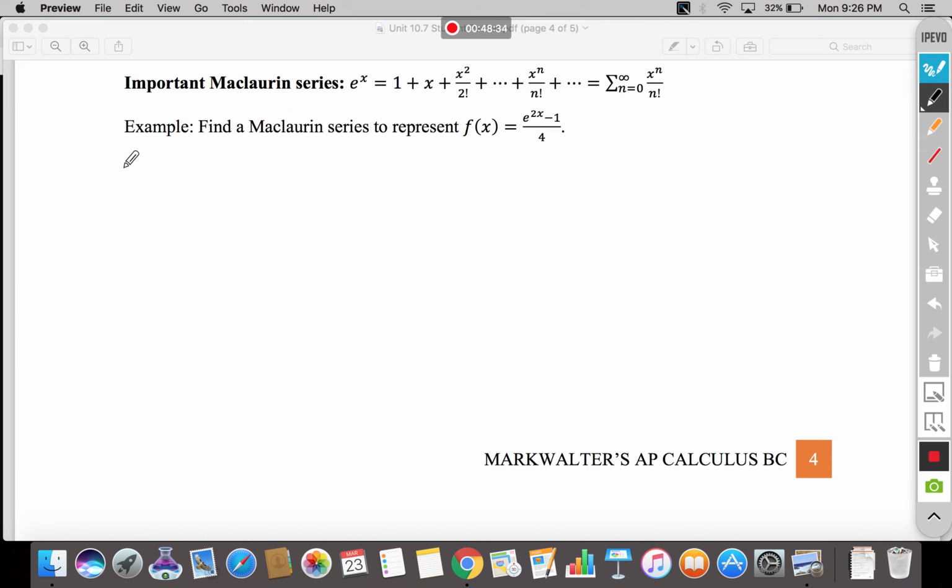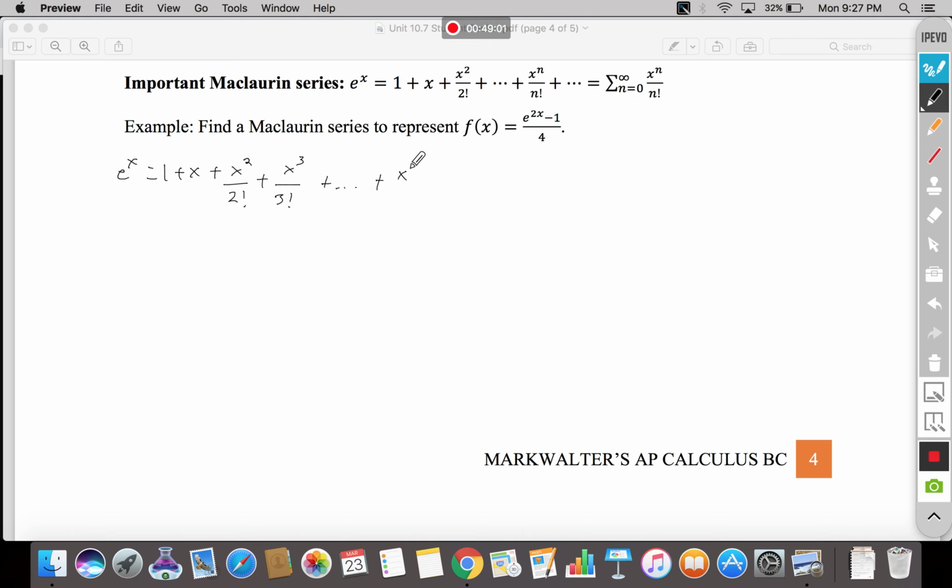So I want to get a Maclaurin series for this right here, but I already know a few things. I know, for example, that e to the x, its Maclaurin series is 1 plus x plus x squared over 2 factorial plus x cubed over 3 factorial, and so on and so forth.